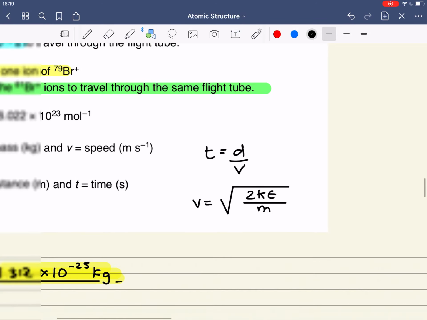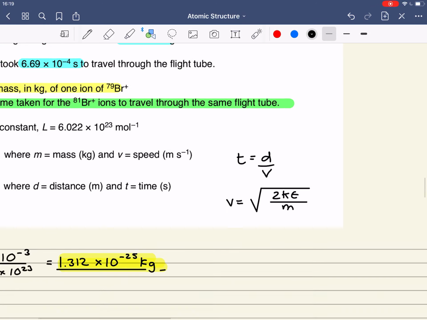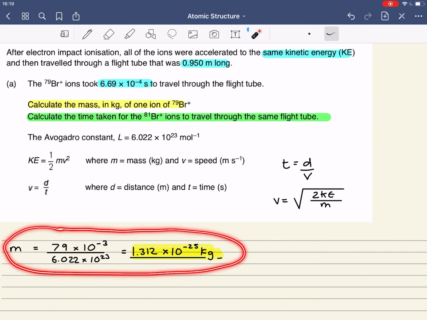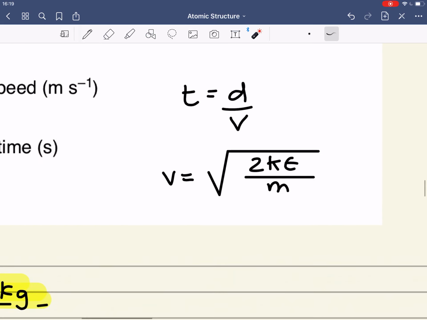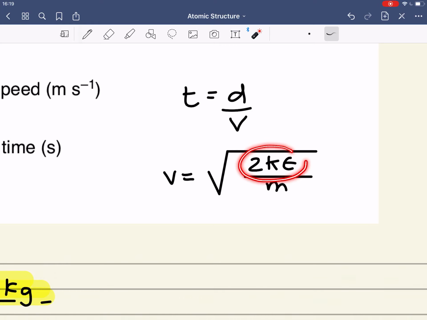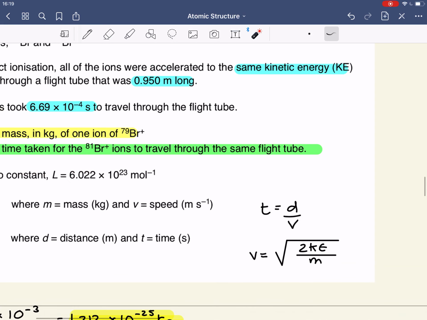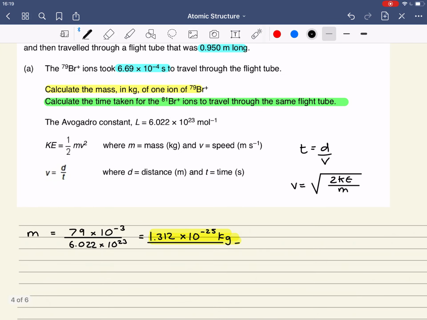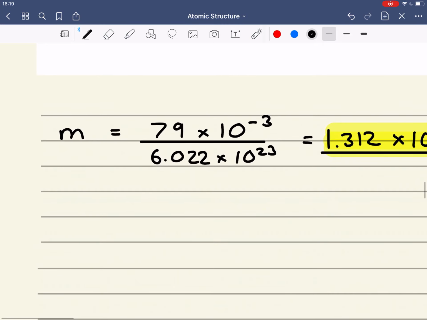Now the mass of the Br-81+ ion can be easily worked out in the same way I've worked out the mass of the Br-79+ ion. But what I need to work out is the kinetic energy. It tells me though the kinetic energy is the same for both ions, and there is a way I can work out the kinetic energy for the Br-79+ ion. First thing I need to do is work out the velocity of that ion, and velocity is distance over time.